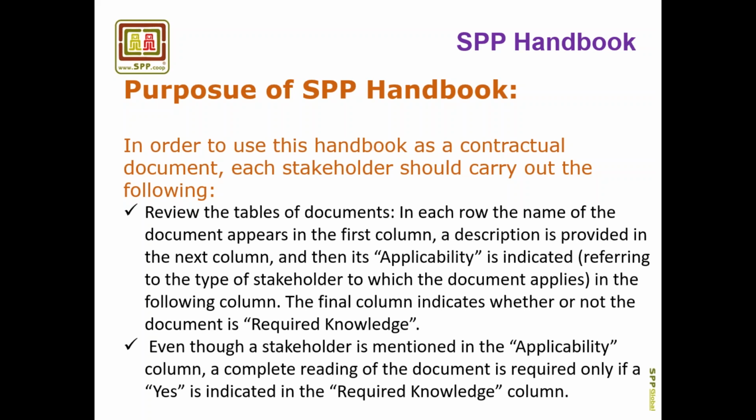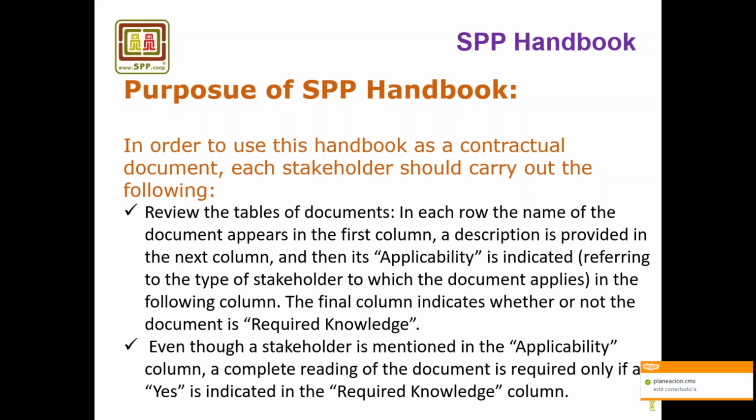In each row, the name of the document appears in the first column. A description is provided in the next column, and then its applicability is indicated, referring to the type of stakeholder to which the document applies, in the following column. And the final column indicates whether or not the document is required knowledge.